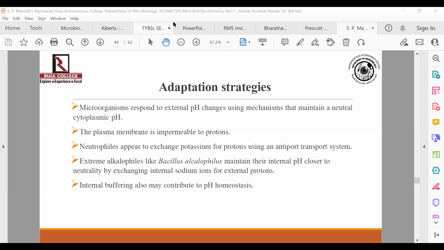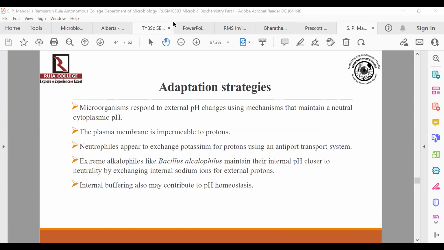Extreme alkalophiles like Bacillus alkalophilus maintain their internal pH close to neutrality. And how do they do that? They exchange internal sodium ions for external protons. In this scenario we are talking about alkalophiles, which are organisms growing in alkaline pH.